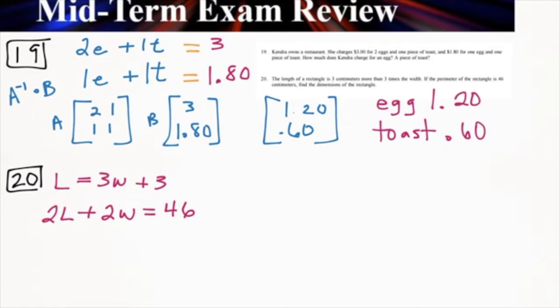Actually, no, let's use substitution just in case, because what if the test has a problem on it where you have to use substitution? Okay, so I know L is 3W plus 3, right? I'm going to erase this just so that it's a better picture.